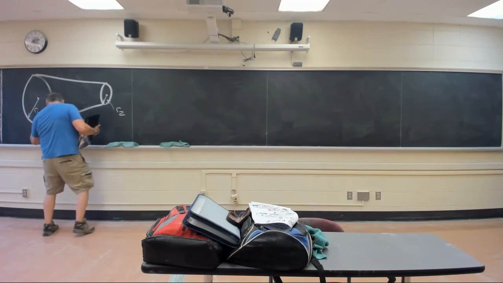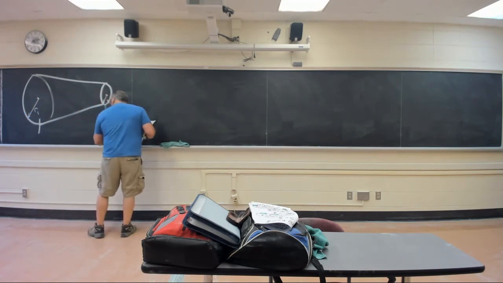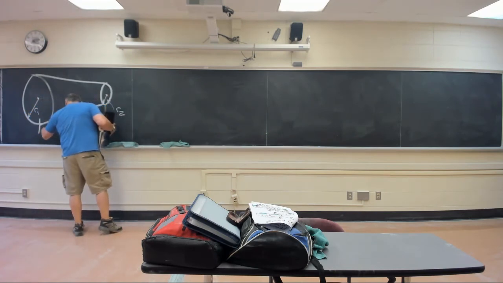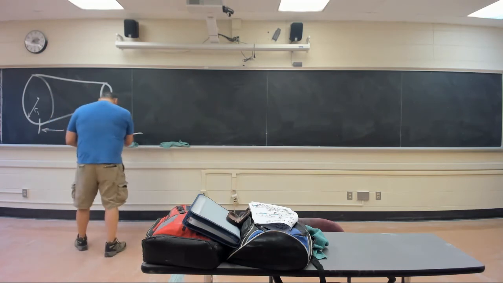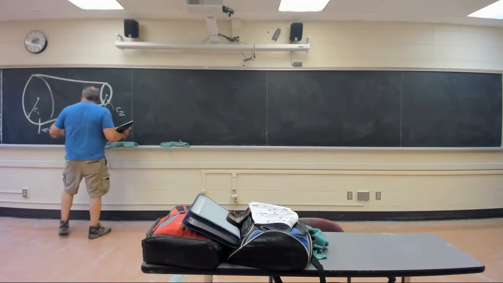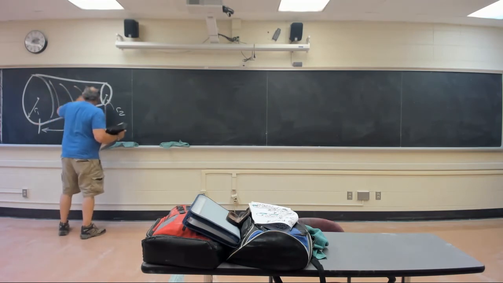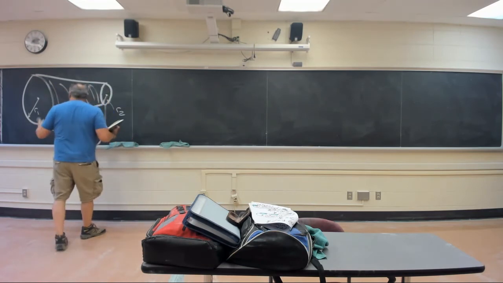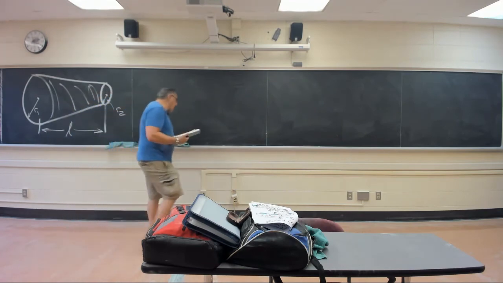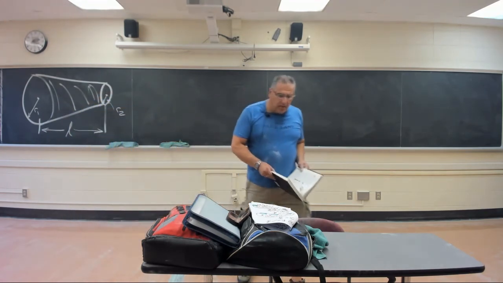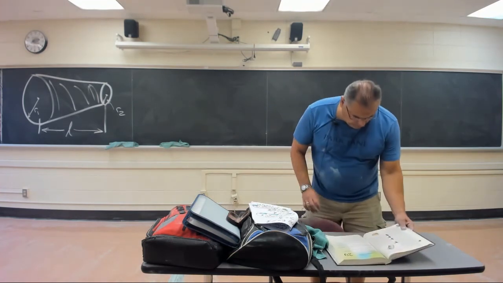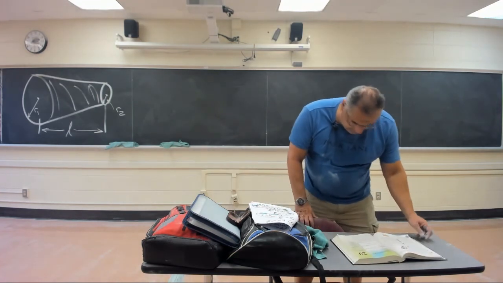The length, center to center, is small l. It's a conducting material. This is not a great drawing, I know, but the book has a better drawing of it, and it's essentially the same thing, guys. Let's talk about it.